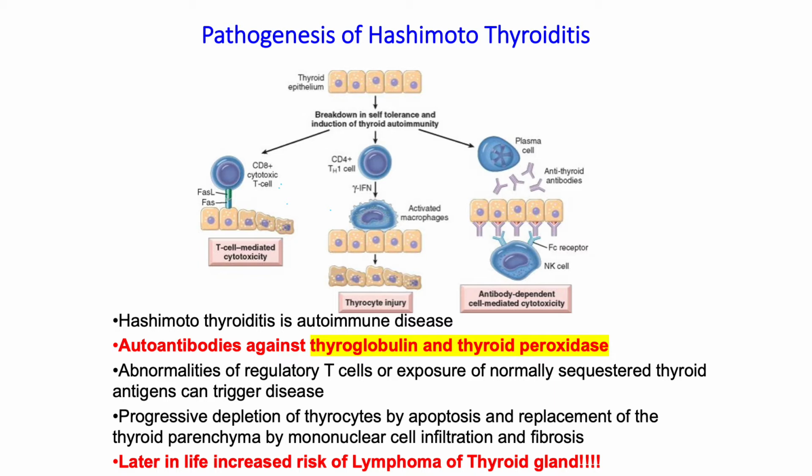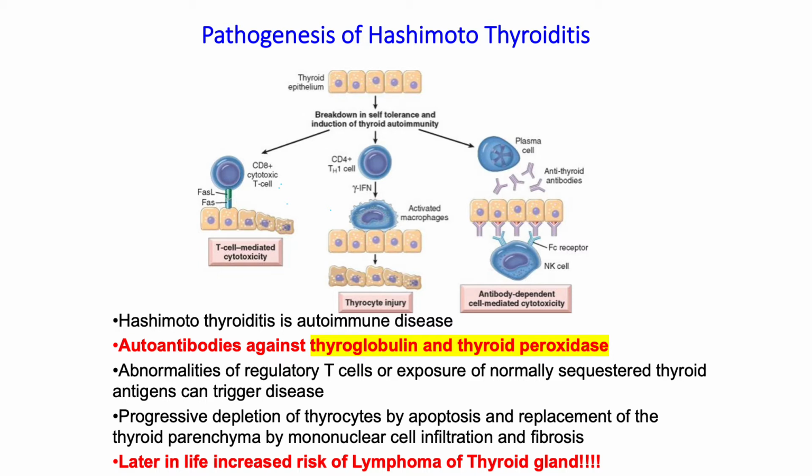There is increased depletion of thyrocytes by the apoptosis process, and there is dense infiltration of thyroid parenchyma by mononuclear cells, and fibrosis takes place. Initially there are overwhelming lymphocytic infiltrates, and the infiltrate also includes plasma cells and macrophages as well, and subsequently there is dense fibrosis.